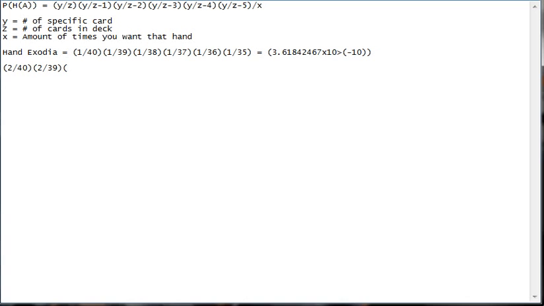Next card, Gravekeeper Spear Soldier. I also have 2 of those. 2 divided by 38. I put double parenthesis on accident. And then next I get Necro Valley, which I have 3 out of 37.